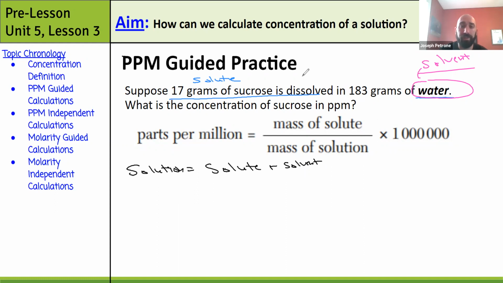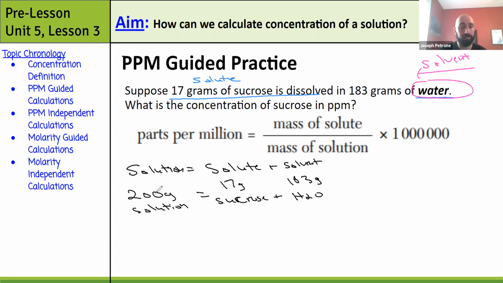So we have 17 grams of sucrose plus 183 grams of water. That means the mass of my solution is going to be 200 grams. Once again, solution is equal to solute plus solvent.